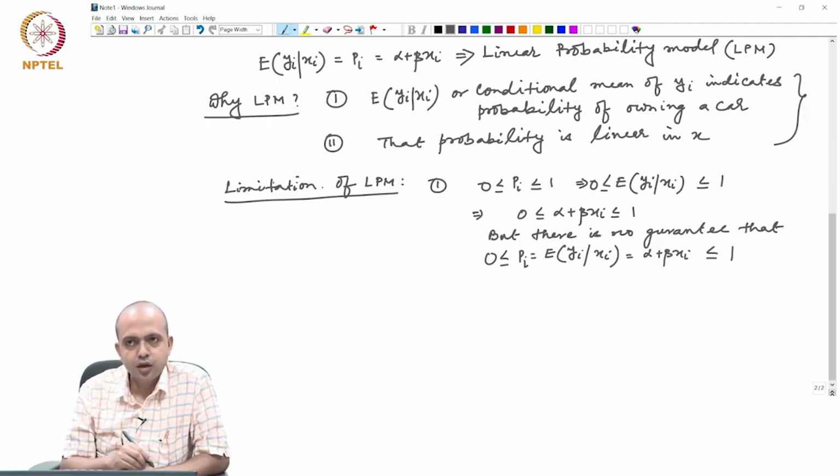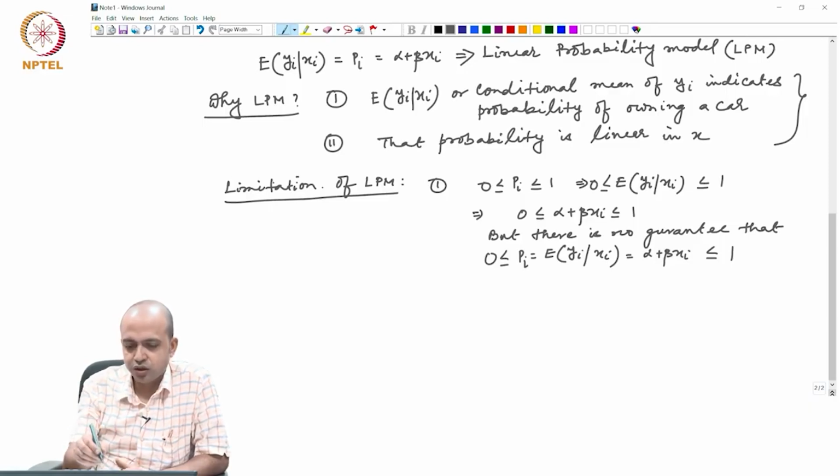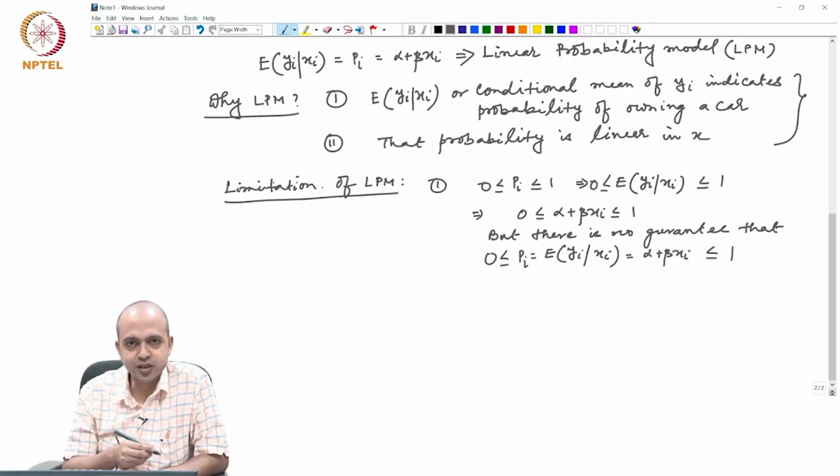Right. And then secondly, can we estimate the model Pi equals to alpha plus beta xi using OLS? Can we estimate the model? When I am saying that the expectation of yi given xi equals to alpha plus beta xi, can we estimate the model using OLS?